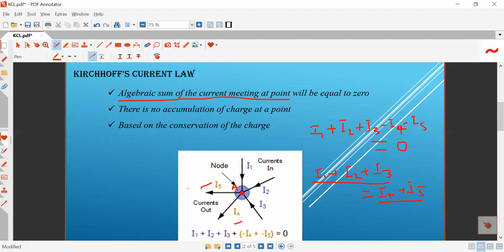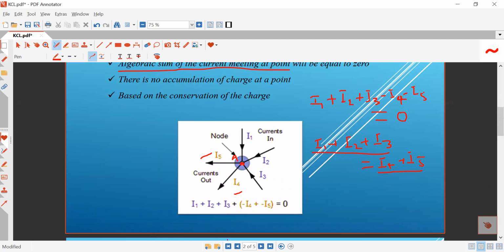And since total incoming current at a point is equal to the total outgoing current, it means there is no accumulation of charge at a point. So charge will not be accumulated at any point of the circuit.